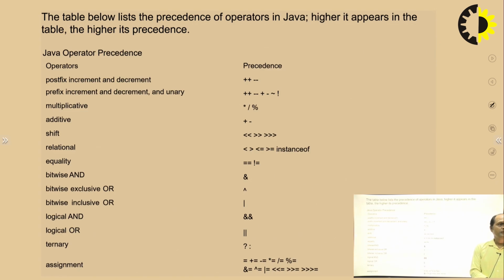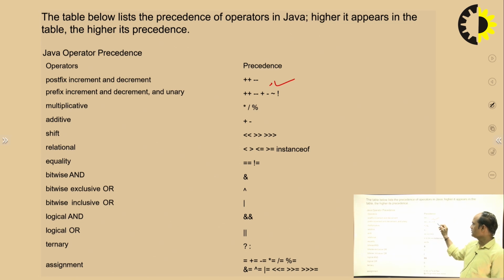Now these are the operator precedence rules that we can use, because operator precedence is important for a Java program, since we can use more than one operator in a single program. So how can we set the precedence of a particular operator? We can use this precedence order for the purpose of programming. This is the operator and this is the precedence. Postfix and increment operators have the highest precedence.